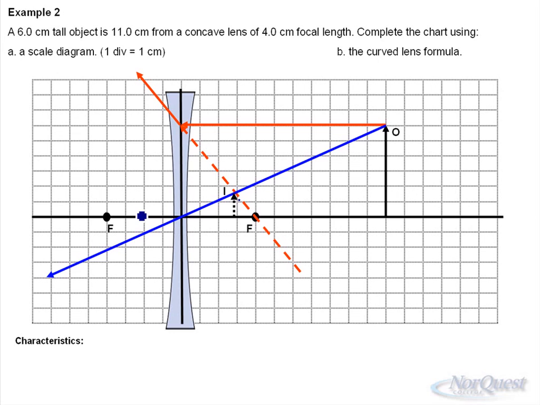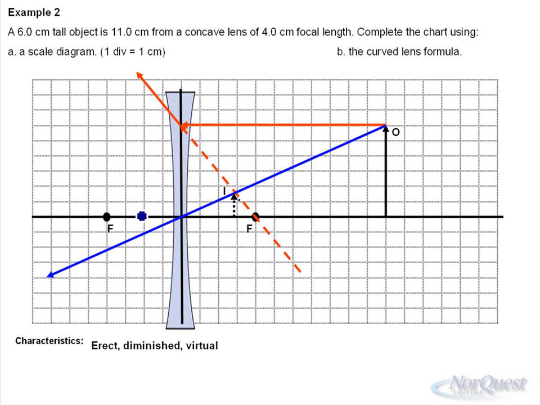So if we were to describe the characteristics, and I tend to only draw these two rays for concave, they're a little bit different with a concave. The image in this case is going to be erect, meaning it's straight above the principal axis. It's smaller, so it's diminished, and it's virtual because one of the rays is virtual.